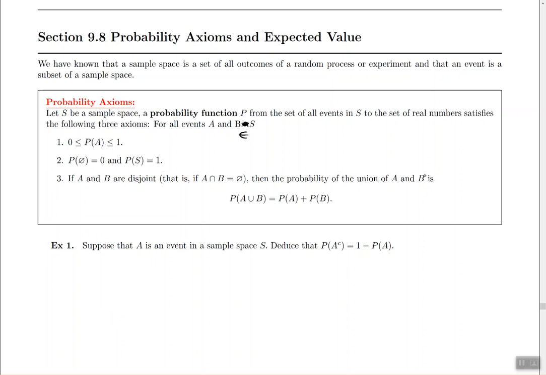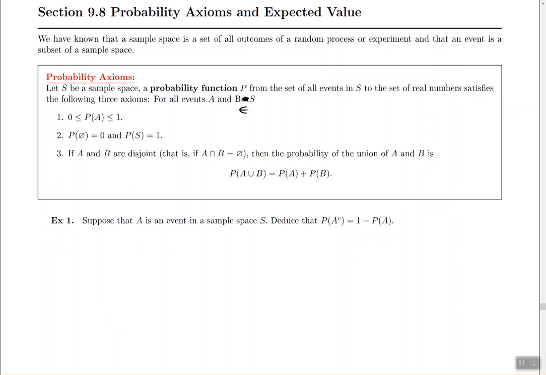Now, suppose that A is an event in a sample space, and they want us to deduce that the probability of A complement is 1 minus P of A. So let's go ahead and take a look at a proof here. This is a short proof.